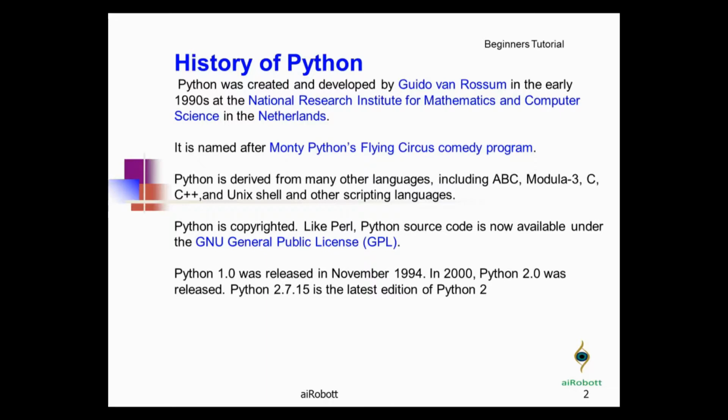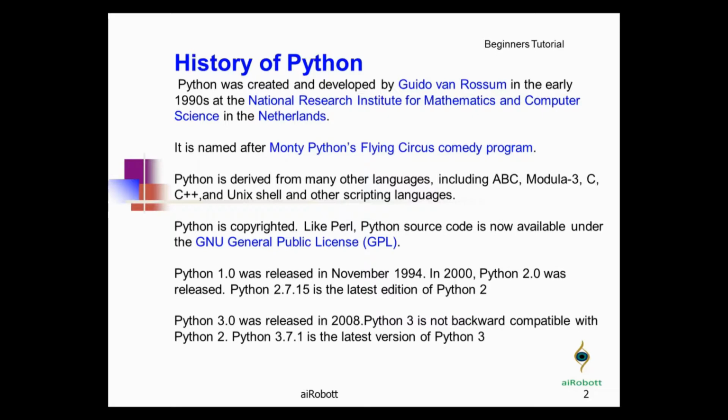Python 1.0 was released in November 1994. Python 2.0 was released in the year 2000. Now the latest edition in Python 2 is 2.7.15.